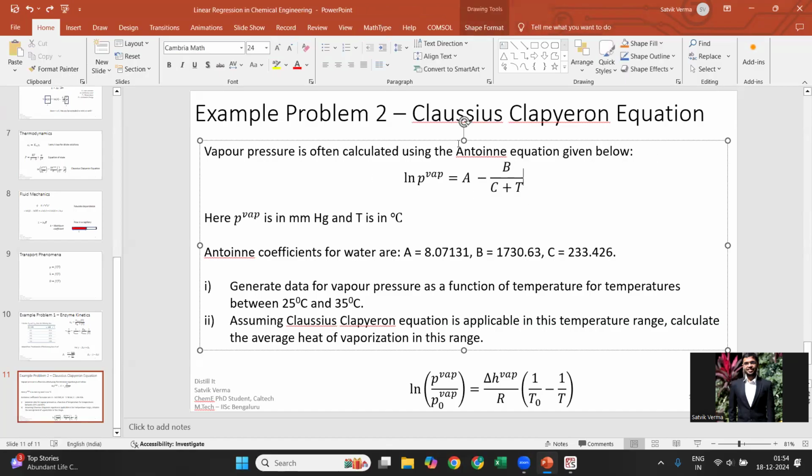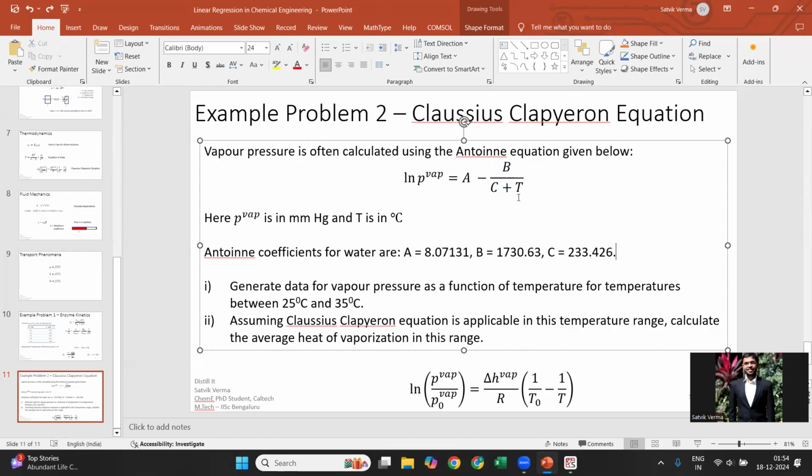An equation known as the Antoine equation is used to predict vapor pressure as a function of temperature. All right, so over here we have this Antoine equation with A, B, and C as Antoine coefficients, right? So for water, these coefficients are given to be 8.071 and so on, right?